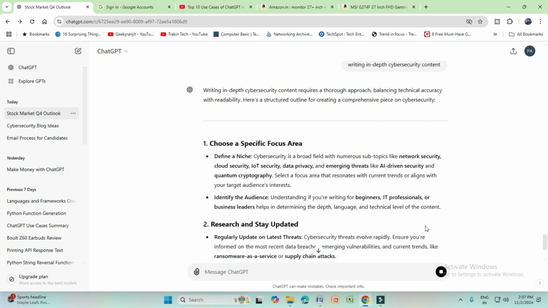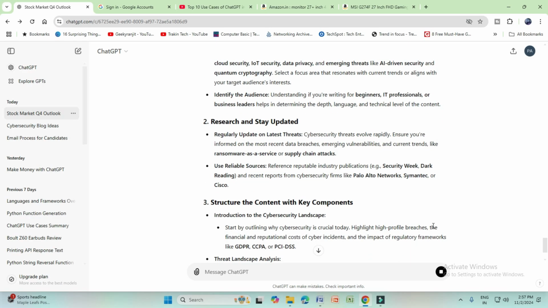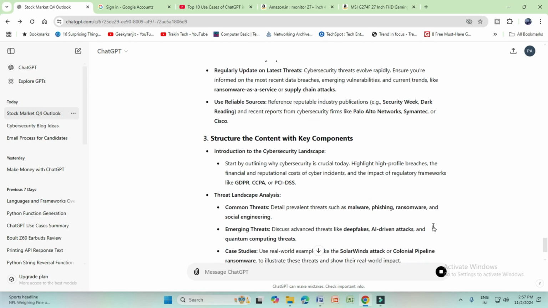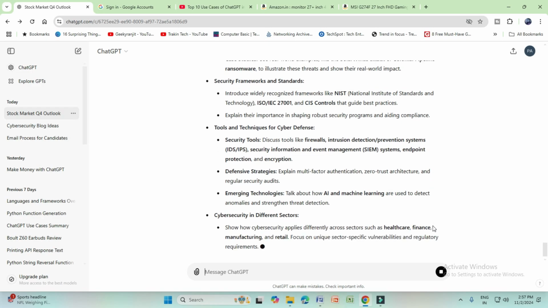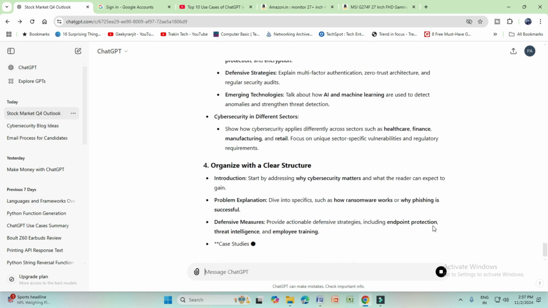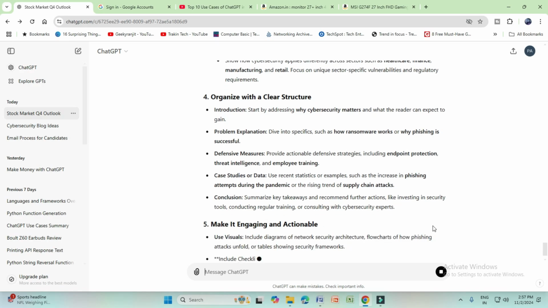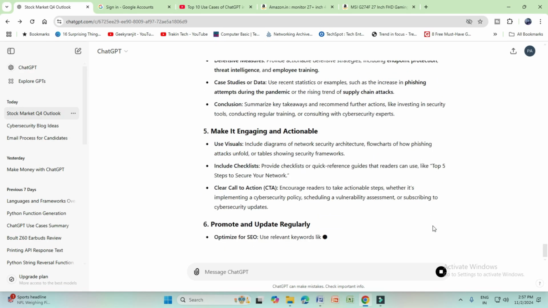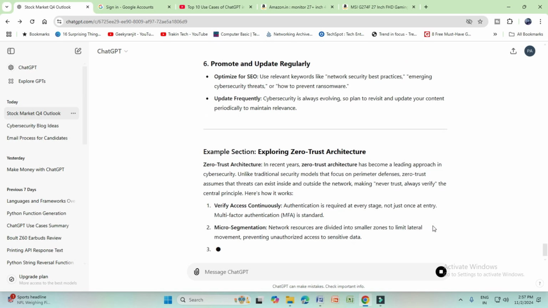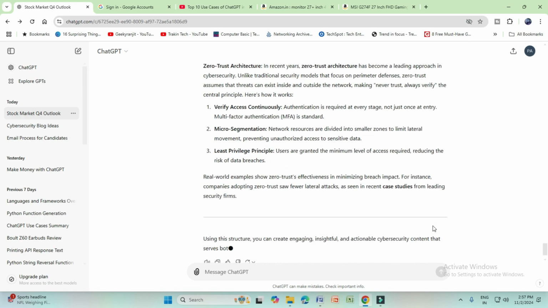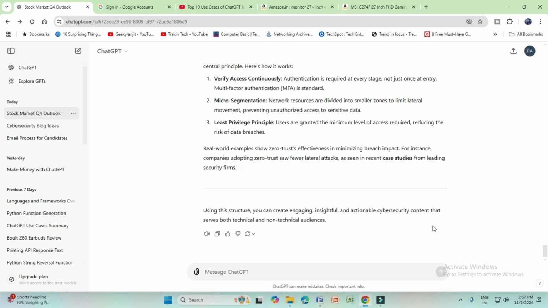Prospect focus area, research and stay updated, structure content with key components and security frameworks. The different cyber security sectors are organized with clear structures. Make it engaging and actionable, with trend updates regularly. Exploring zero trust architecture. All of this is given.